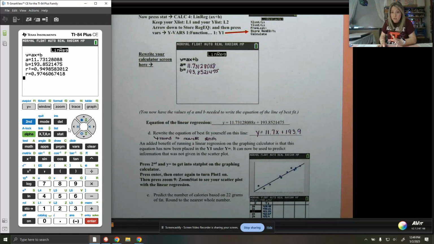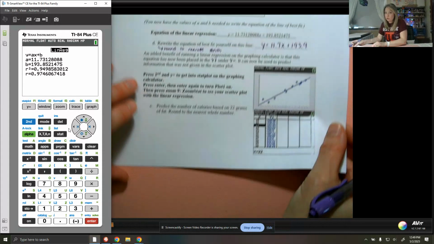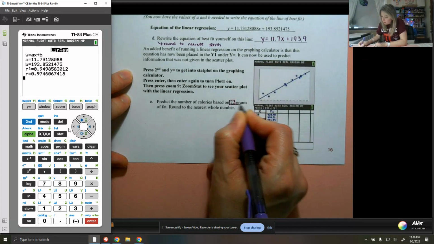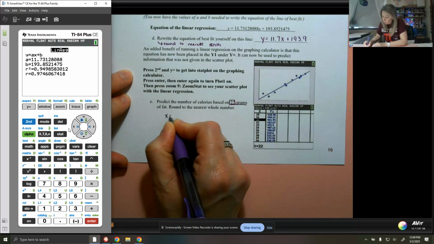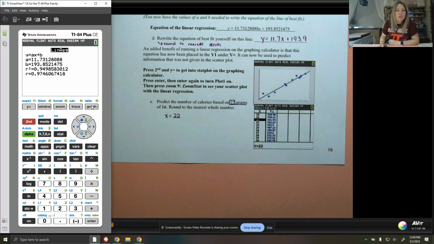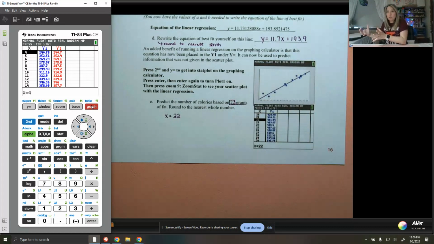One other thing that I would like to just do real quick is just show you screen-wise. If I were predicting 22 grams, that's an X value of 22. And I can use my graphing calculator table to do that, both in the rounded version and the unrounded version. Okay, you'll notice on my screen I didn't have a rounded version of that.